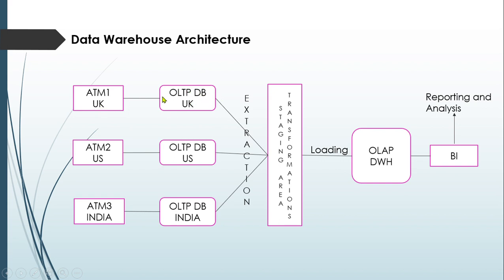Because the servers are different, the servers will store the data with UK currency, US dollar currency, and Indian rupees currency. So definitely we need to do transformations. So this is the OLTP server data. We have to extract it into the staging area, I mean using ETL tools.